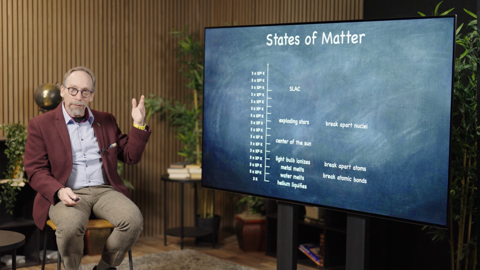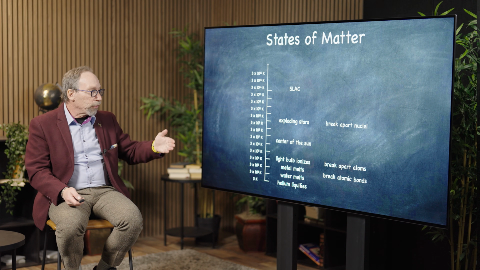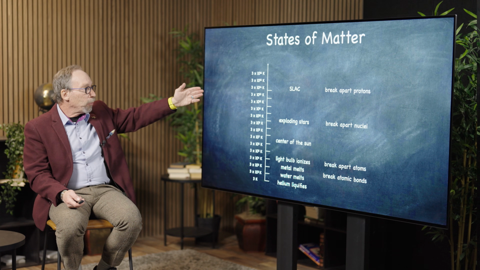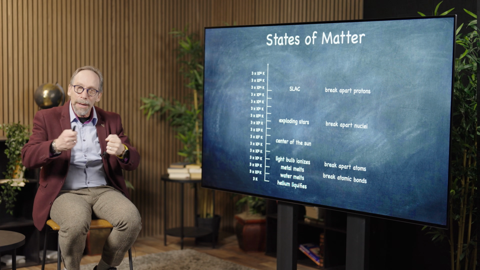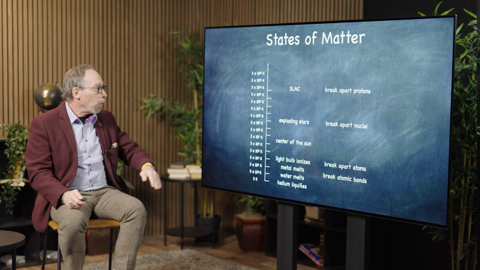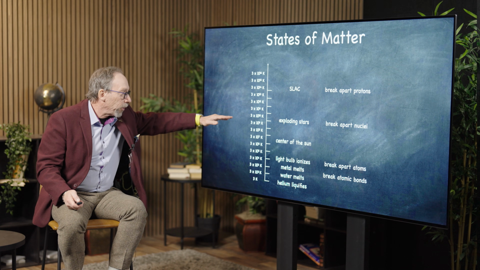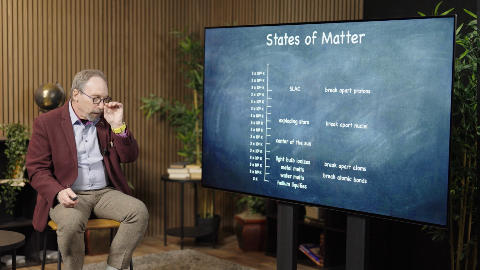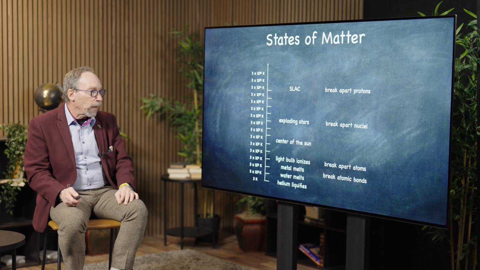And then to look at even more energetic things, this is one of the first large accelerators, and then you begin to break apart protons and be able to see the structure of protons in quarks. You give about a factor of 10,000 times more energy onto a proton than you'd get in an exploding star.